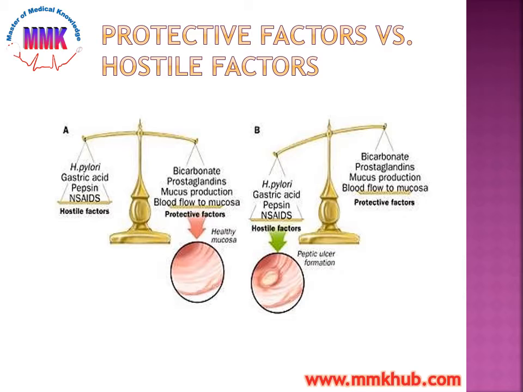Hostile factors include the Helicobacter pylori infection, gastric acid, pepsin, non-steroidal anti-inflammatory drugs, and the protective factors include bicarbonate, prostaglandins, mucus production, and blood flow to the mucosa. If this balance is disturbed, for example, if the weightage of the hostile factors increases, it causes the damage of the mucosal surface of the stomach and leads to the peptic ulcer formation.